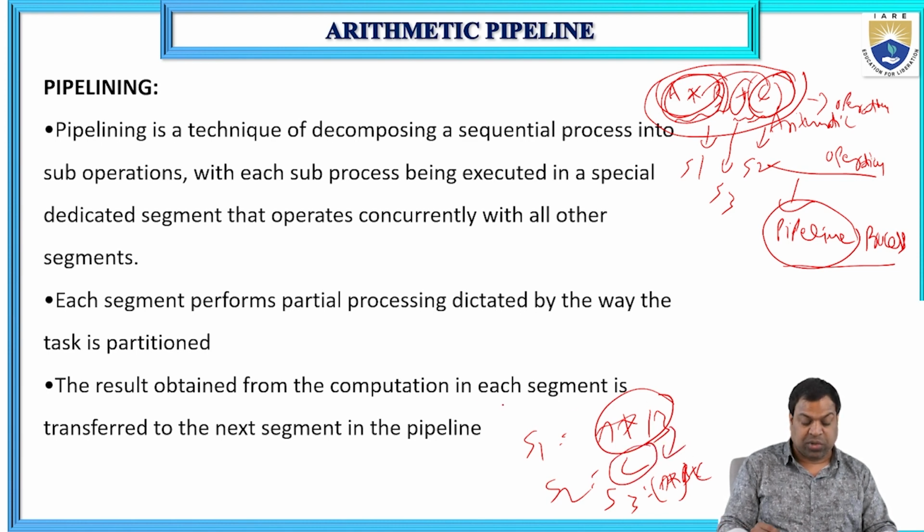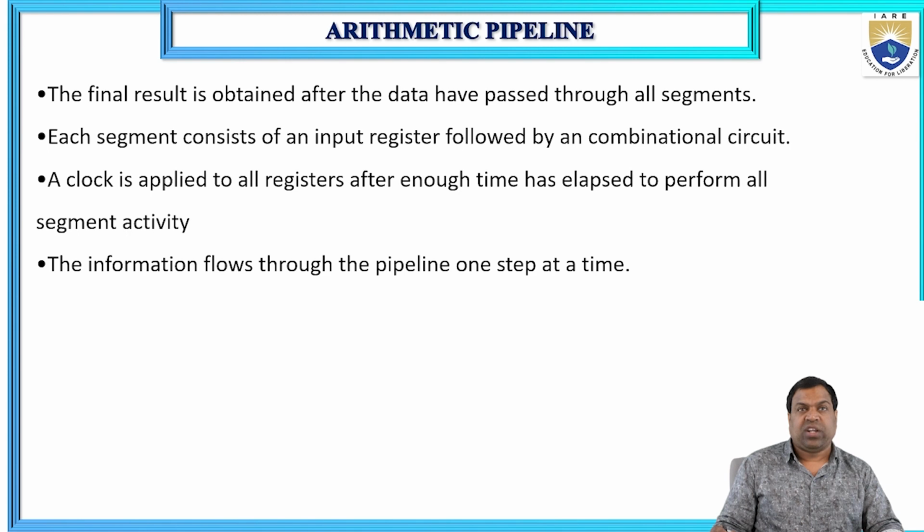That is in segment 3. That is the partial processing dictated by the task, with each segment transferred to the next segment in the pipeline. The final result is obtained after the data have passed through all segments.